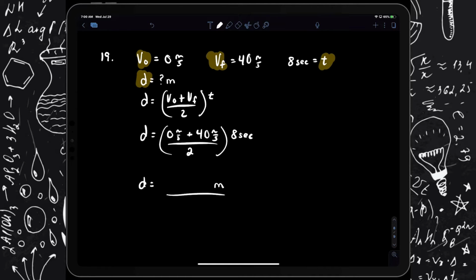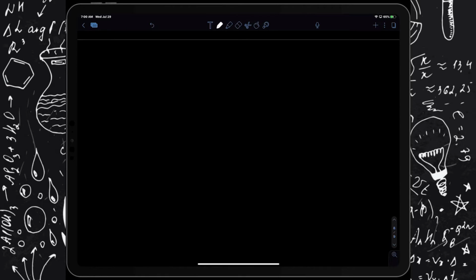Okay. We go to number 20. Number 20, it says a plane is flying at a speed of 150 meters per second. It's accelerated uniformly at a rate of, so that means you have an acceleration here, 5 meters per second squared. It says, what is the plane's speed at the end of this?